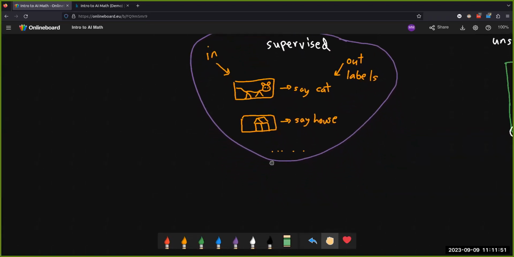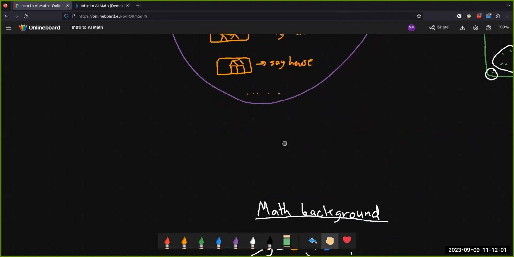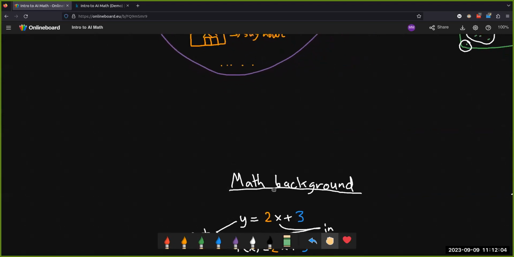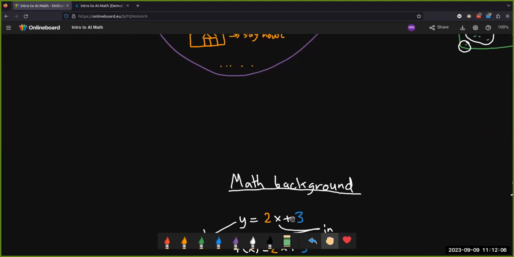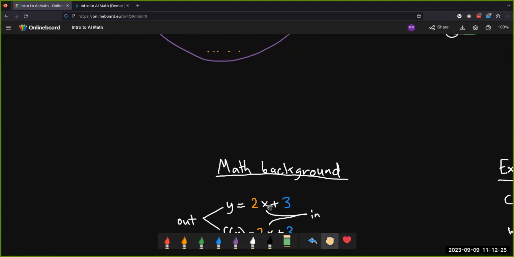First off, though, for especially the grade 7 students and grade 8 students, just a recap of what actually is a function. I hope that some of you may have seen equations like the one at the bottom here, y equals 2x plus 3, where, well, some of you, if you're in higher grades, you might recognize, oh, this is the equation of a line. But in general, all we need to know is that this equation has some numbers and variables, and we can take the variable x, let's say it's equal to 2 or 5 or 10, whatever.